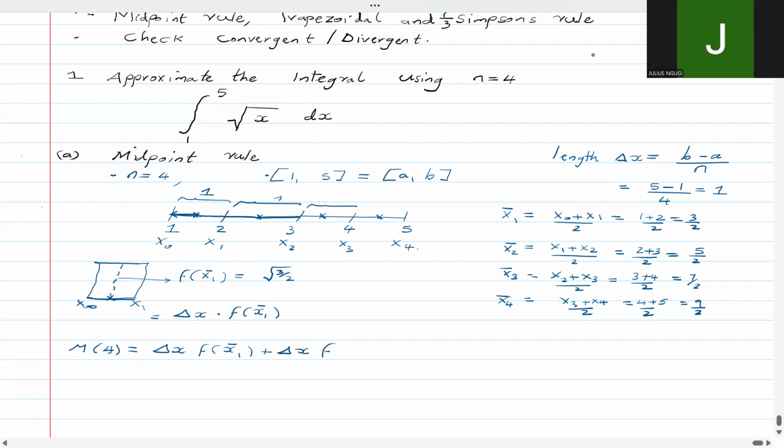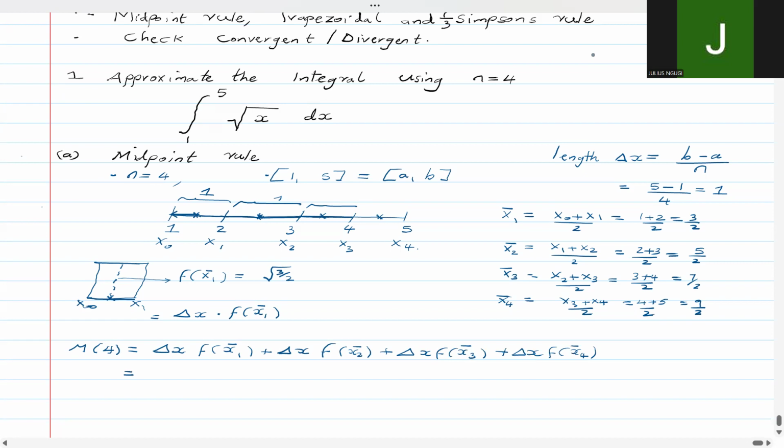I'm using the height at the midpoint, f at x2 with a bar, plus the third rectangle, where I'll use the uniform spacing and then f at x3 with a bar, and we found it, plus the last one, f at x4 with that bar.